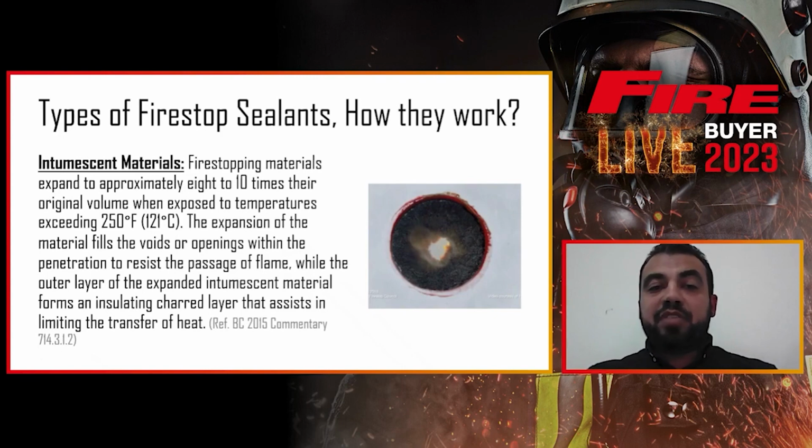The expansion of the material fills the void. So if we have a plastic pipe or a cable, the cable will leave the hole and the plastic will melt, and then you have a big hole. In this case, you have the material that has the ability to expand and close the void.